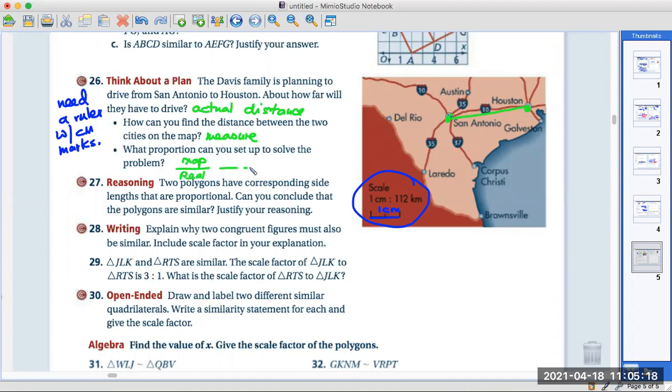Okay, so you have to set up a proportion and solve, just like I showed you on the previous page. You do not have to change your units. In scale drawings, you do not have to change your units. Let's see if you can figure out the distance from here to here. Notice there's a little kink in the actual road, so we're not going to be concerned with that too much. We're just going to make it straight.